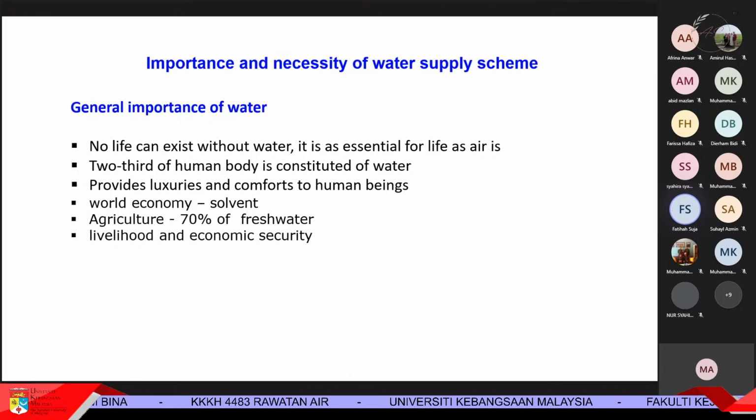Even in Malaysia, maybe some states use surface water as potable water, but in other states like Kelantan, they use lots of groundwater. So different bodies of water provide different livelihoods to different countries or states.